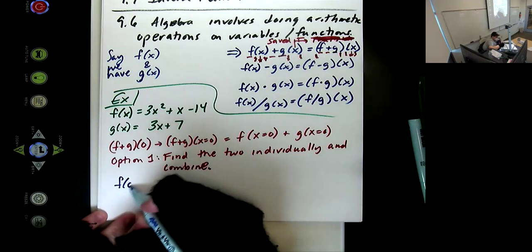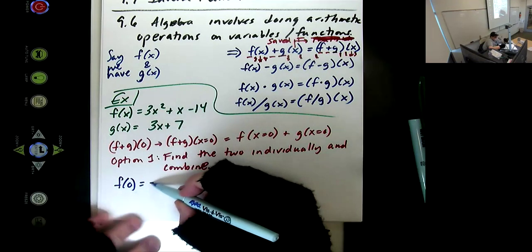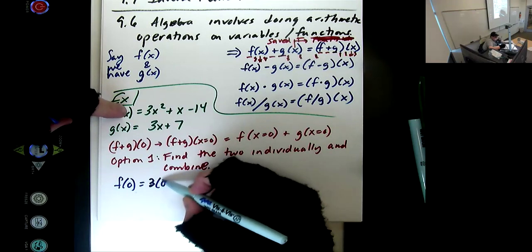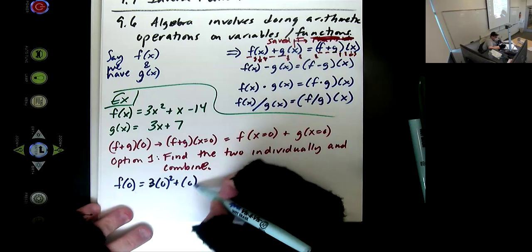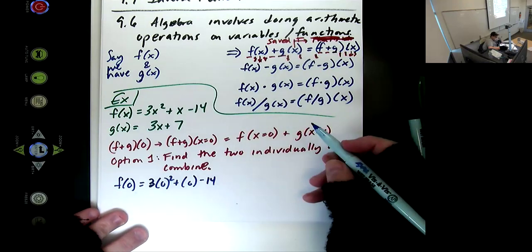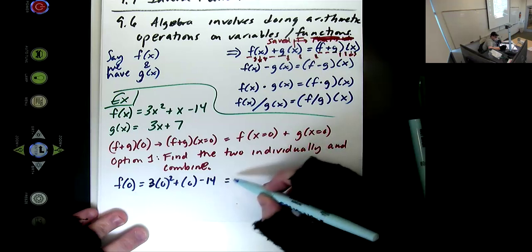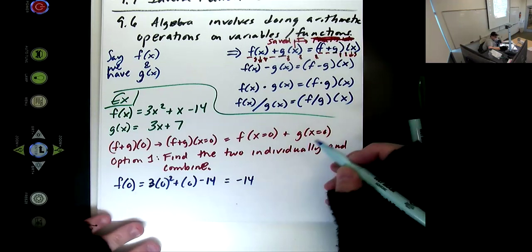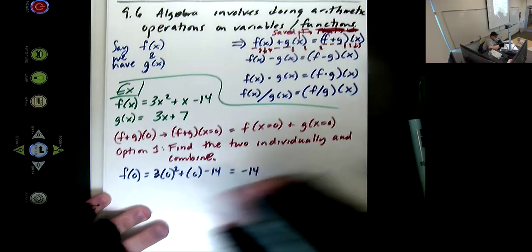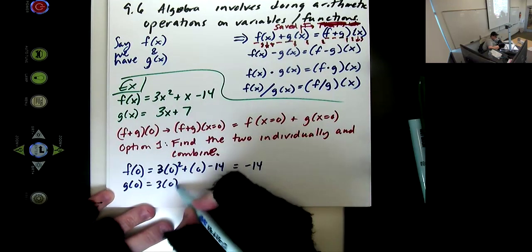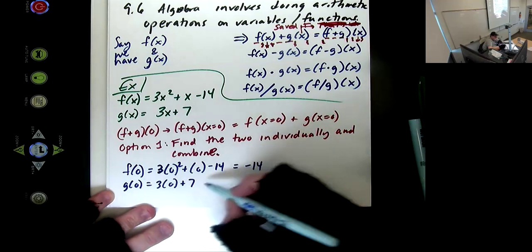So f of 0 means to take f and replace all my x's with zeros. And I get negative 14. When I do g of 0, I have 3 times 0 plus 7. So I get 7.